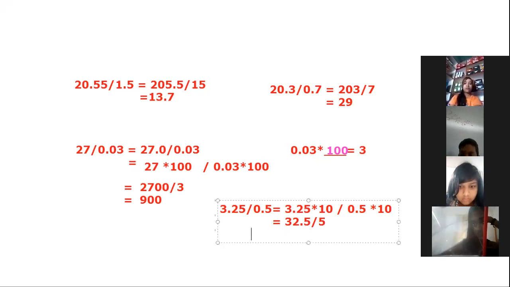While dividing 325 with 5, we will get 65. In our numerator there is one digit after the decimal point, so we have to make the same in our answer too. Then we will get 6.5. Is it clear, the division of a decimal number with another decimal number?